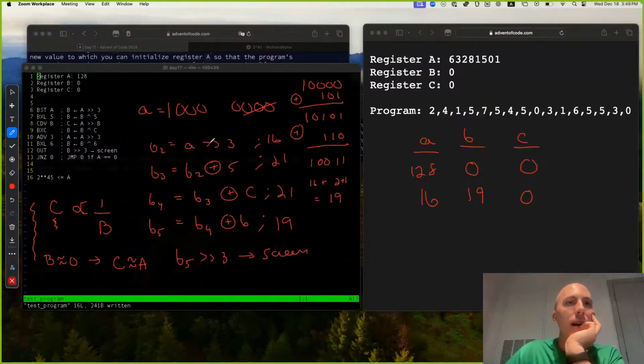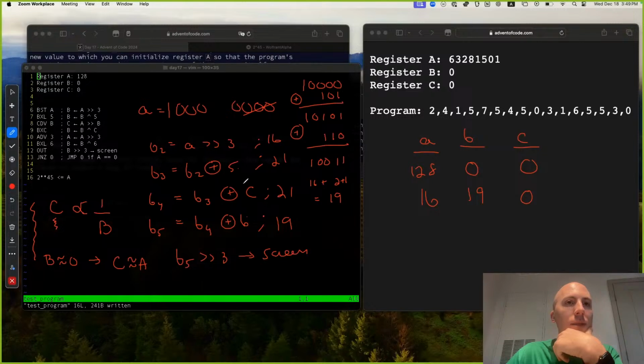And then I don't even know about B. I mean, we're just doing 3 XORs? We're doing 3 XORs? Dang, okay. 5 and 6. Okay, it's close to 5.